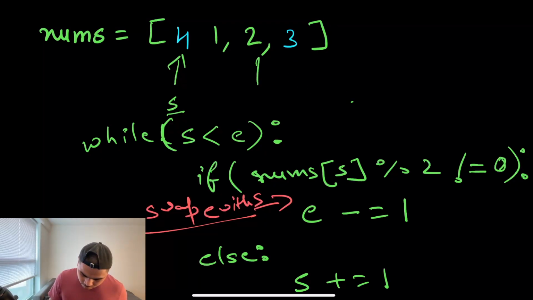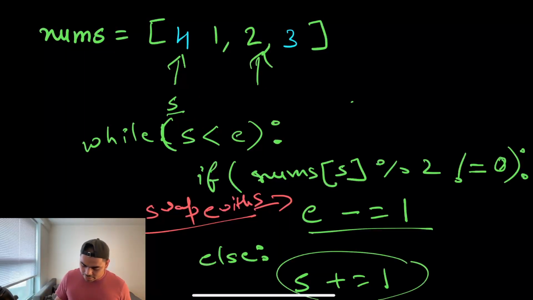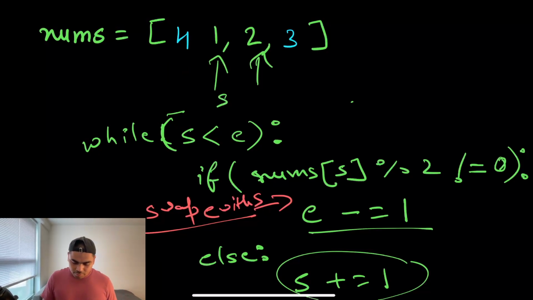Then we again check if s is less than e. This condition is not going to be satisfied, so it will go to the else case, and the else case will increment s to this one. So now s will point over here, and we check if this is odd.